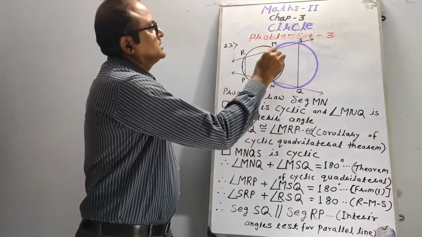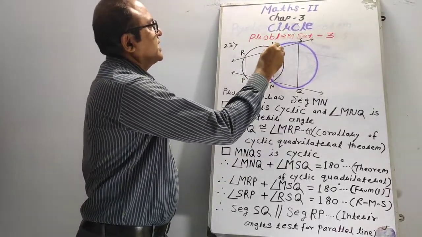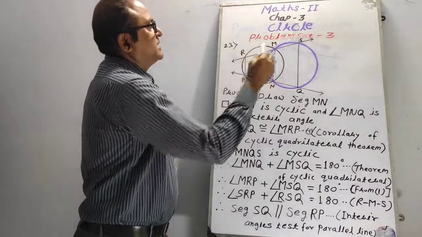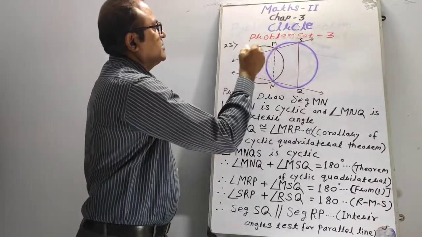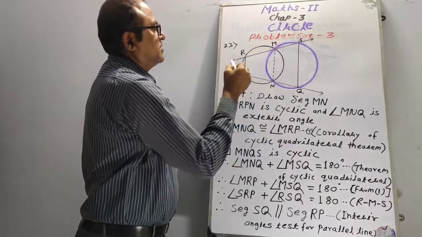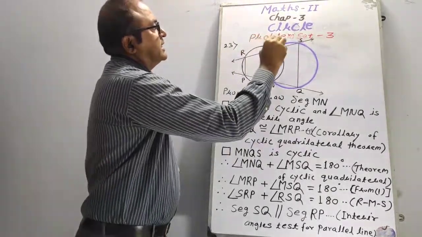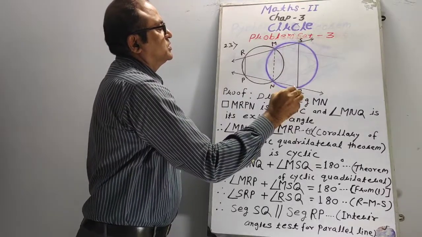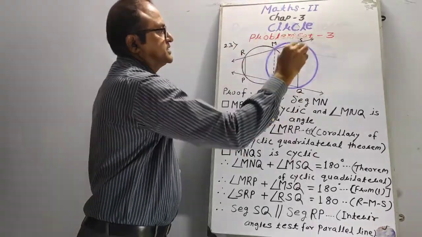You see in the figure, angle MRP is the same as angle SRP, and angle MSQ is the same as angle RSQ.